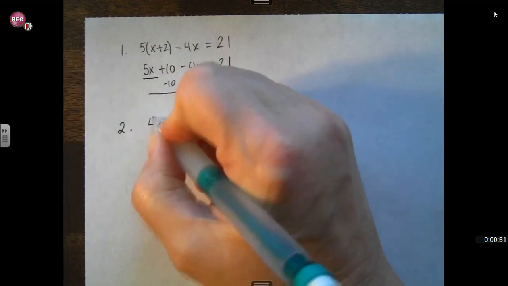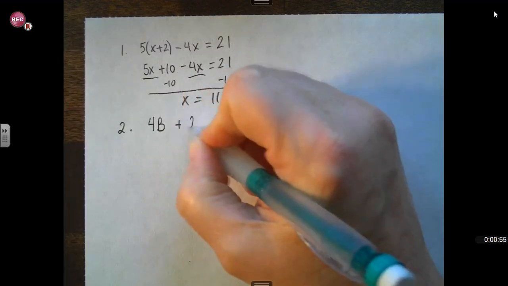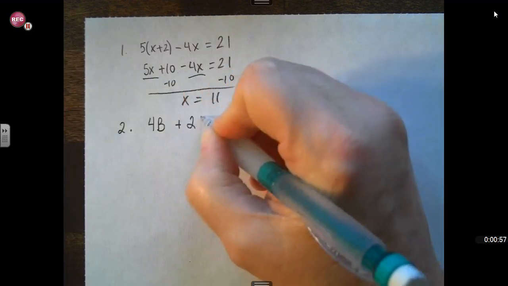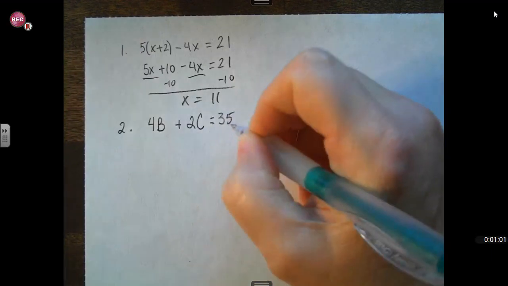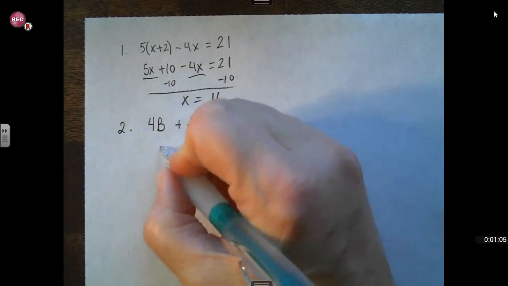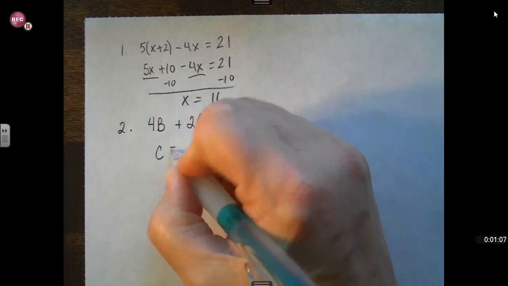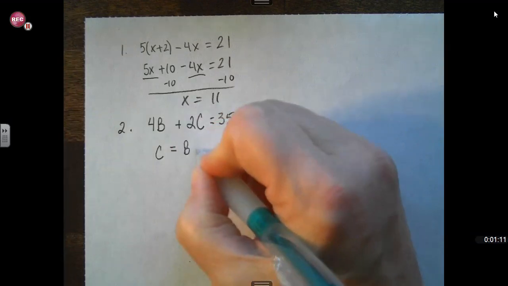4 loaves of bread plus 2 packages of cheese cost $35. That's some expensive bread and cheese. The cost of a packet of cheese is $2.50 more than the cost of 1 loaf of bread.